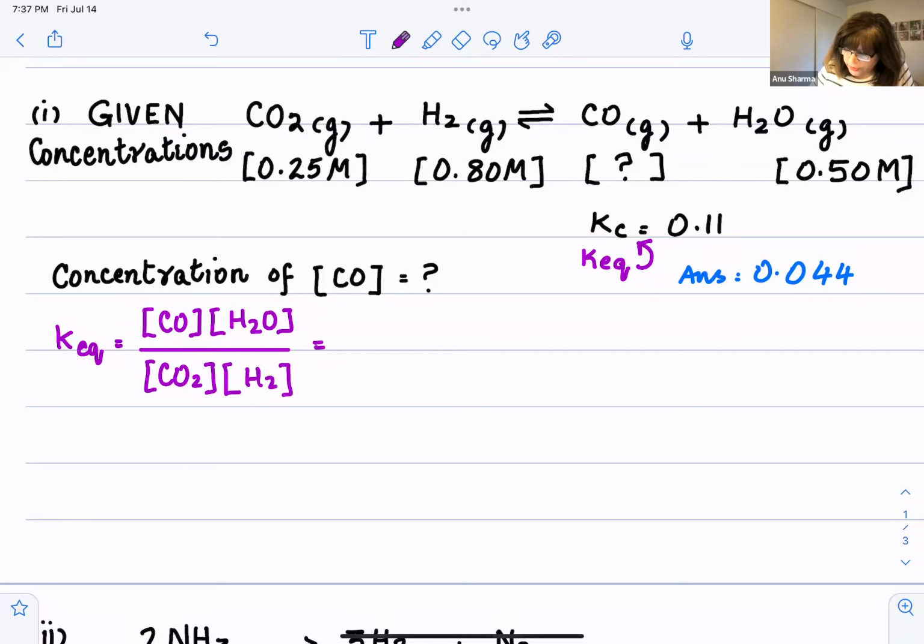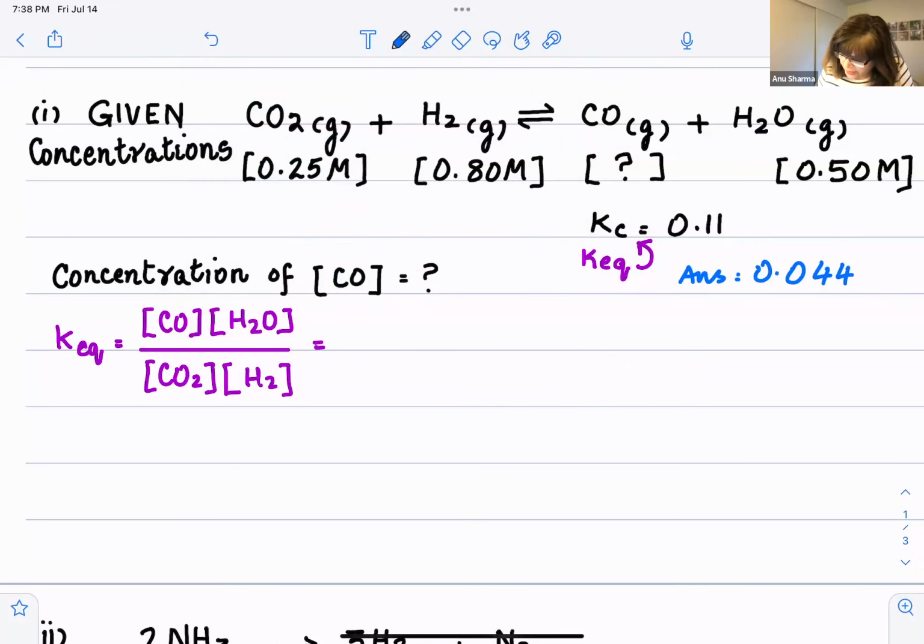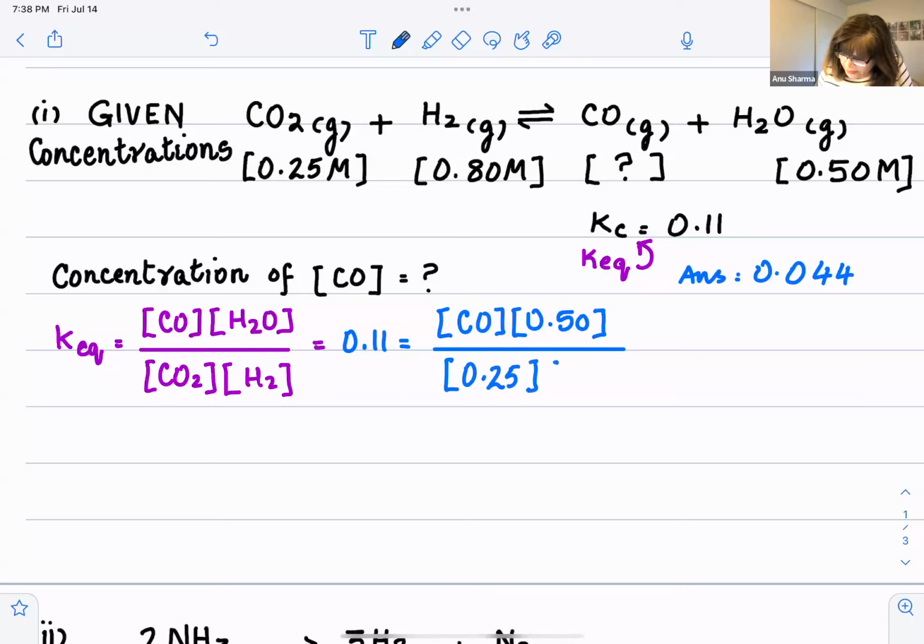Okay, so here you're going to just put in the numbers now. So first we will write down Keq. Keq is 0.11, and that is equal to the concentration of CO, this is what we are finding, multiplied by the concentration of water, which is 0.50 M, that's the molarity, over the concentration of CO2, which is 0.25, multiplied by the concentration of hydrogen, which is 0.80.